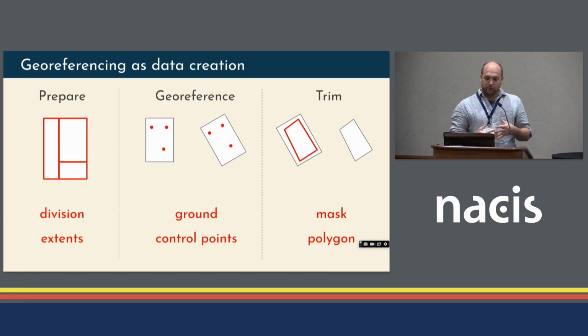So looking back at those steps as data creation, then what we're gathering is these divisions from the first step, and then ground control points from the second step, and then these masked polygons from the third step. So again, I wanted to handle the complexity of Sanborn maps, but this is pretty generic in a lot of ways. You don't have to split anything. You don't have to trim it. You could just georeference a single sheet and you're done.